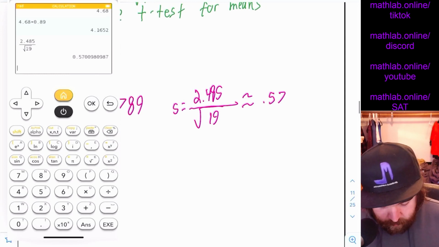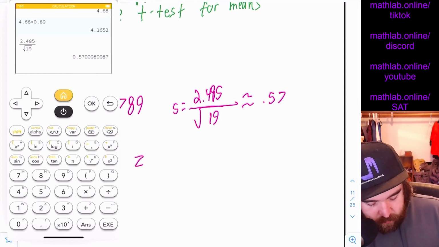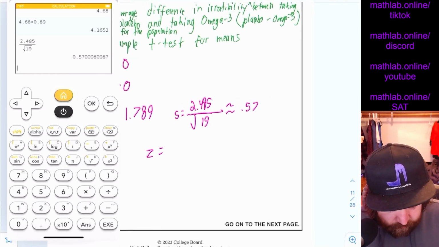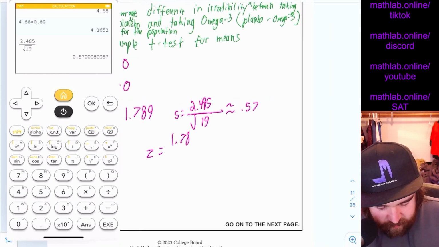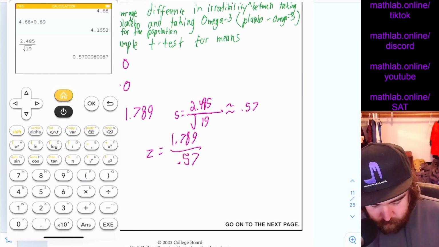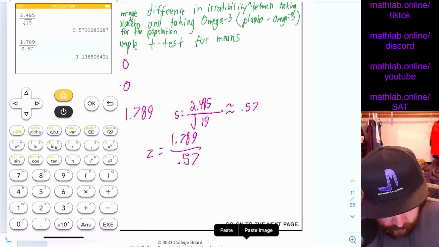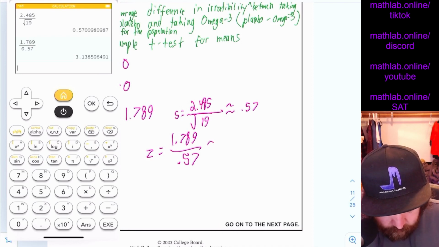And then we need to do, so z, what is it, z star? It's not z star. We'll just call it z. Z is that value, 1.789, divided by 0.57. So that's very far off.